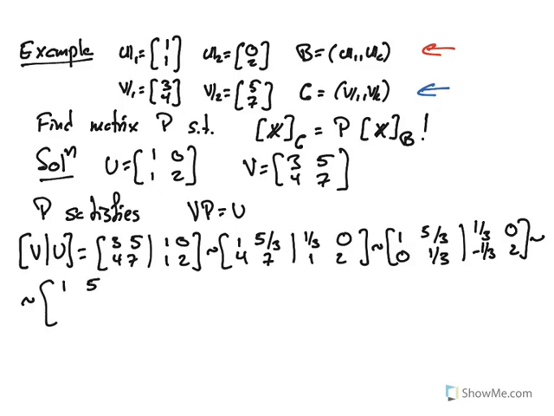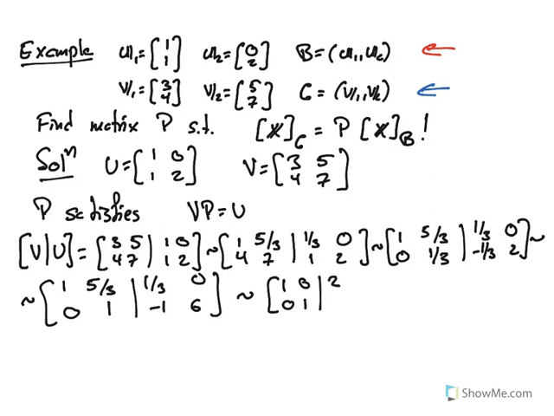We scale the second row. And then we just eliminate the 5/3 to get identity there. And now we can just read off P. So this should be the matrix P.